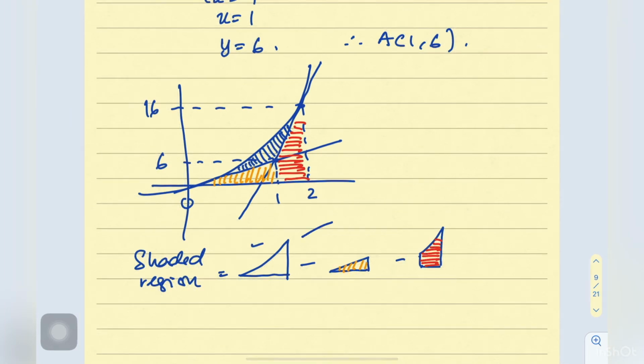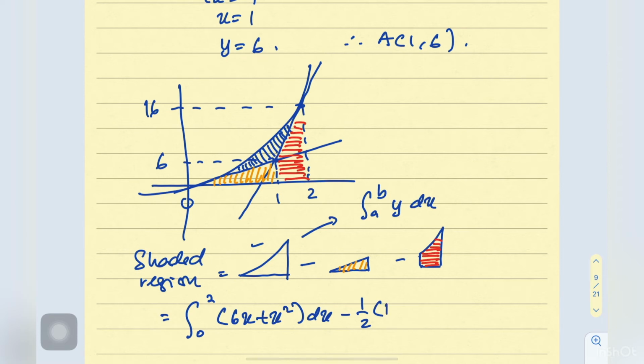For area under the curve, we use the integral of y dx because the lower and upper limits are values of x. So we substitute, lower limit is 0, upper limit is 2, y is 6x plus x squared dx, minus the triangle, 1 over 2, base 1, height 6, minus the trapezium, 1 over 2, the base is 1, height is 6 plus 16.